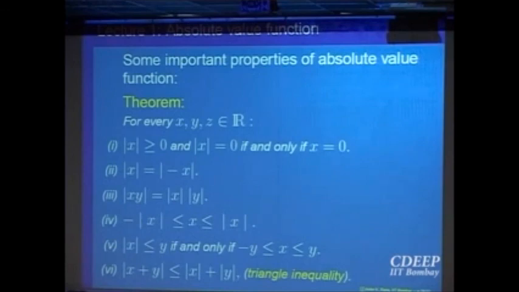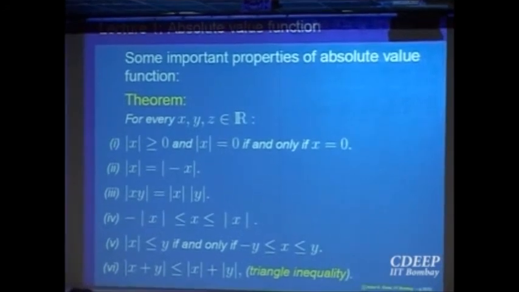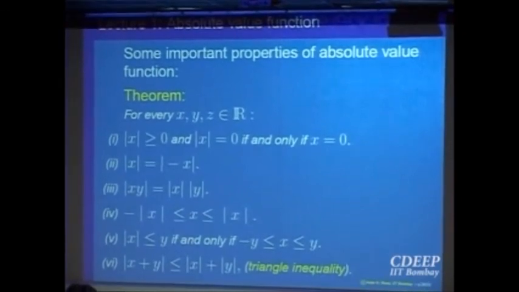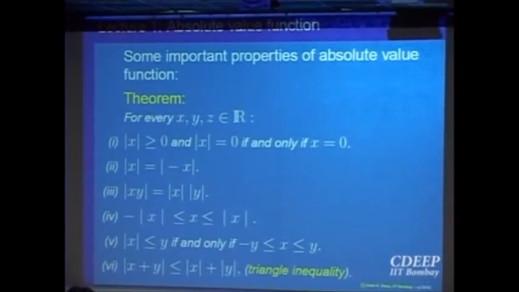This is what is called triangle inequality, because it has more meaningful geometric representation in the plane. Like in a triangle, the sum of two sides is always bigger than or equal to the third side. So essentially, the word triangle comes from there.